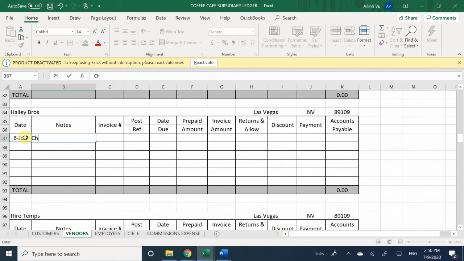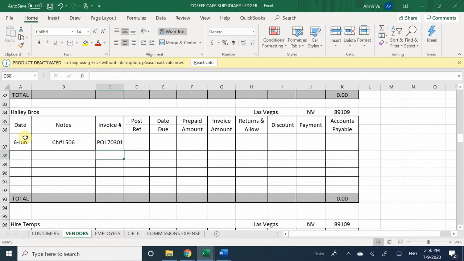Yes. 1506. Okay, invoice number, I'm going to go ahead and just put PO for now. PO 170301, right? Because the reason why I'm going to do it this time is because we actually made a down payment, correct?